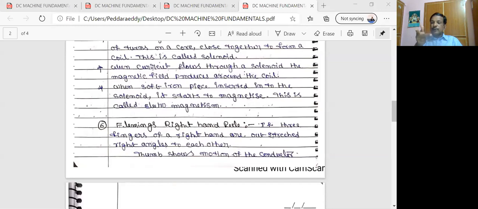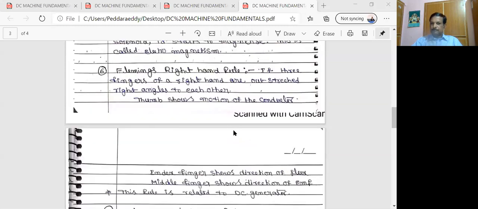Where is induced EMF produced? It is produced in a generator. So this rule is related to the DC generator.